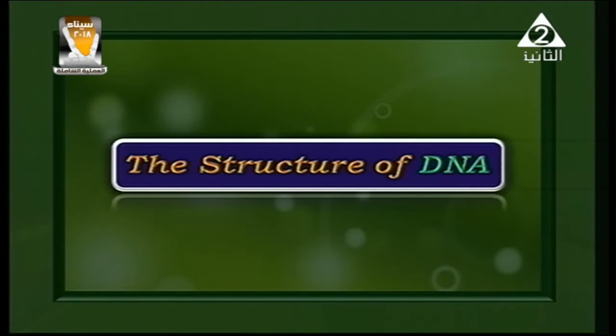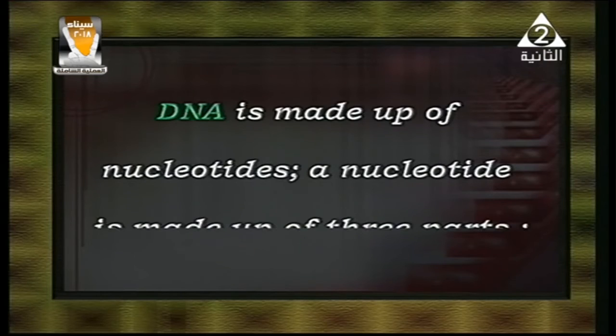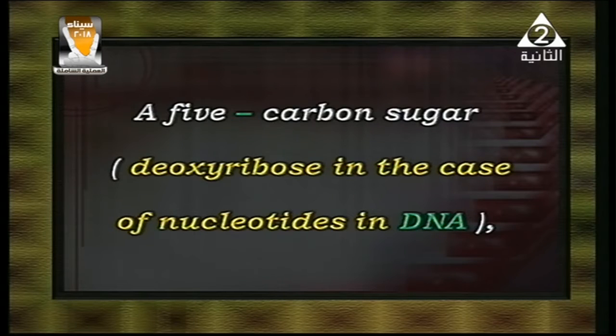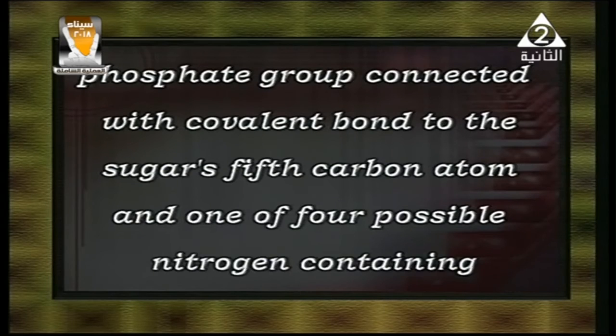Okay. And right now we're going to start the experiment, as a continuity, the experiment of Franklin. She supposed that DNA is made up of nucleotides, and a nucleotide is made up of 3 parts, as we said: a 5 carbon sugar, deoxyribose sugar in the case of DNA, and ribose sugar in the case of RNA, and a phosphate group.